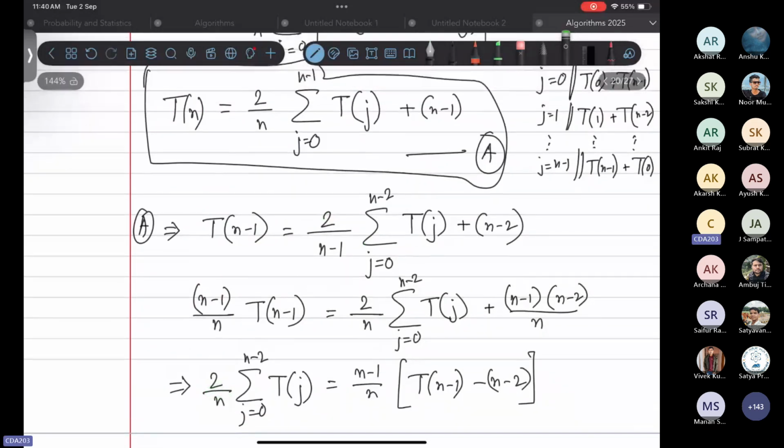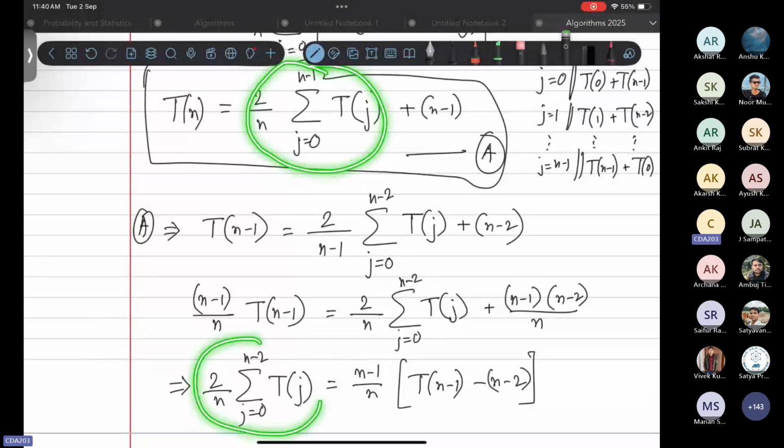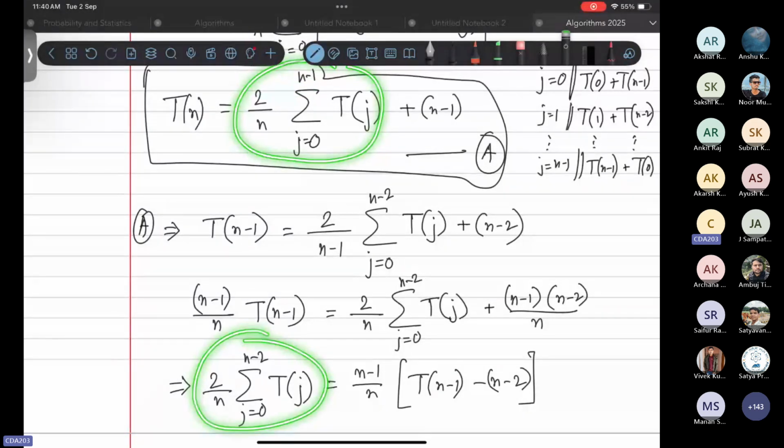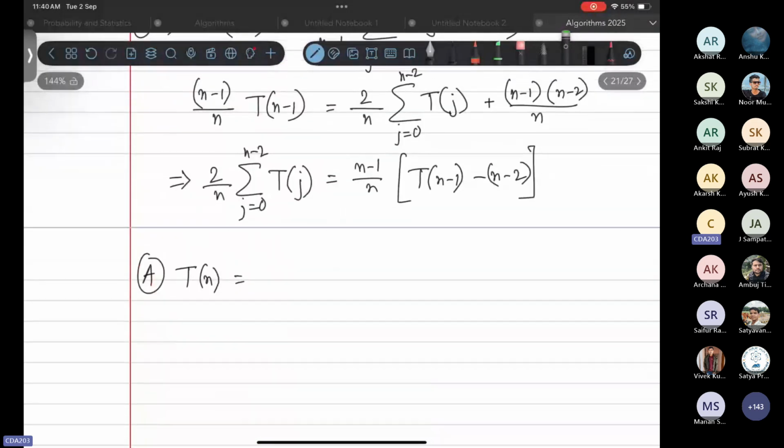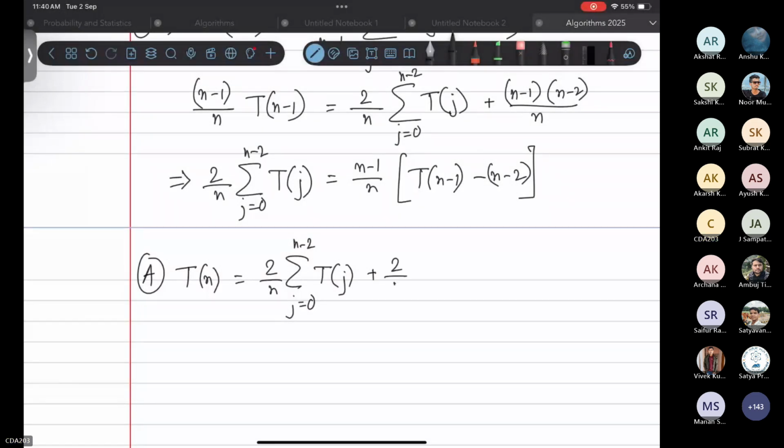Just compare this term and this term. What is the difference between these two? It's just the term for j equal to n minus 1. That is the extra thing in these two terms, right? So I'll write it separately. So this Tn, I'll write 2 by n summation j runs from 0 to n minus 2 tj plus 2 by n T of n minus 1.